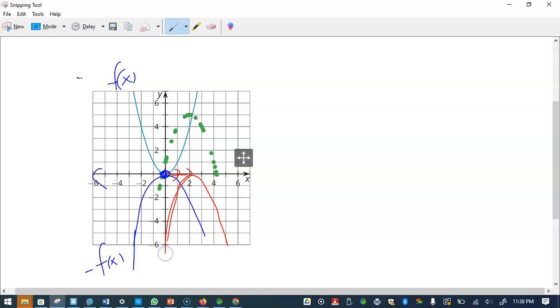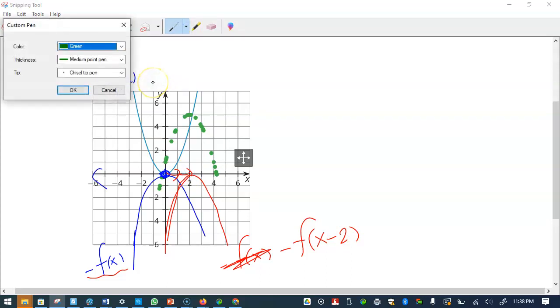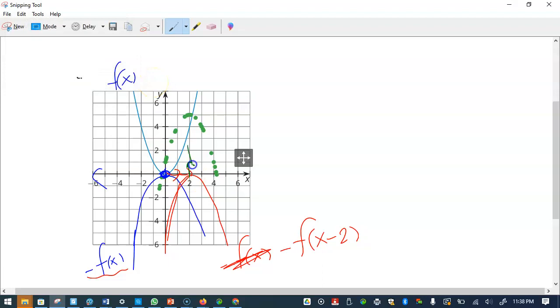This was already reflected over the x-axis, and now you're moving to the right, so you put x - 2, and then the final one is the green color. You go 1, 2, 3, 4, and 5. So it goes 5 up.